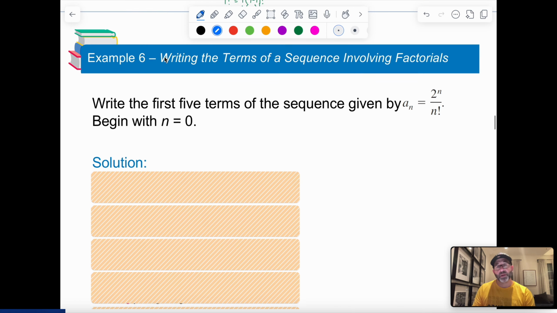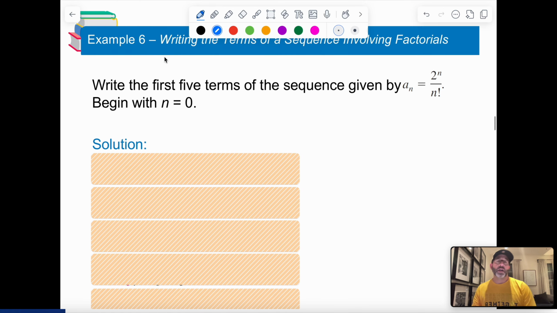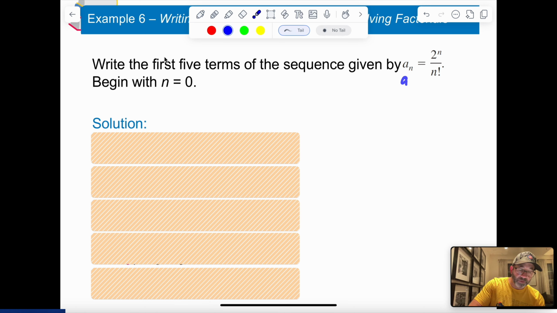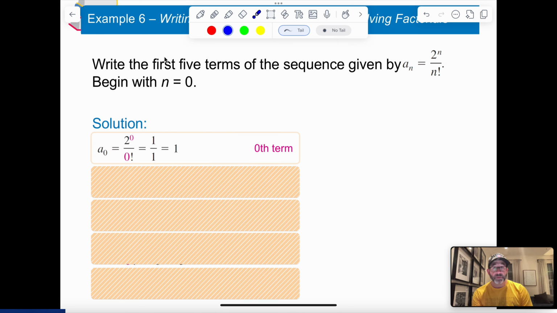So let's look at some problems where we're talking about a sequence and we have a factorial involved. Okay. So for the first one, if we were to put in a to the first, that means we're going to have 2 to the first over 1 factorial. So in this case, we're beginning with 0. They tell us to start with 0, so we're saying a sub 0.